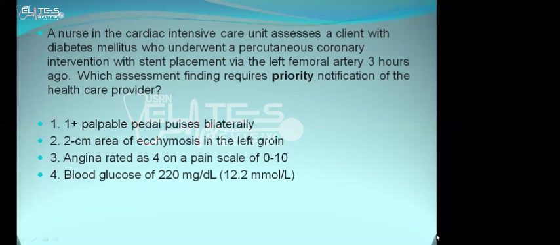Little bleeding may be expected because the groin was used, we expect some form of bleeding, but to get a 2 centimeter ecchymosis, I think it's big. 2 centimeters is big for you? Yes, to me, I think it's big. That's why I'm going for number 2. Okay. Let's take the last one.